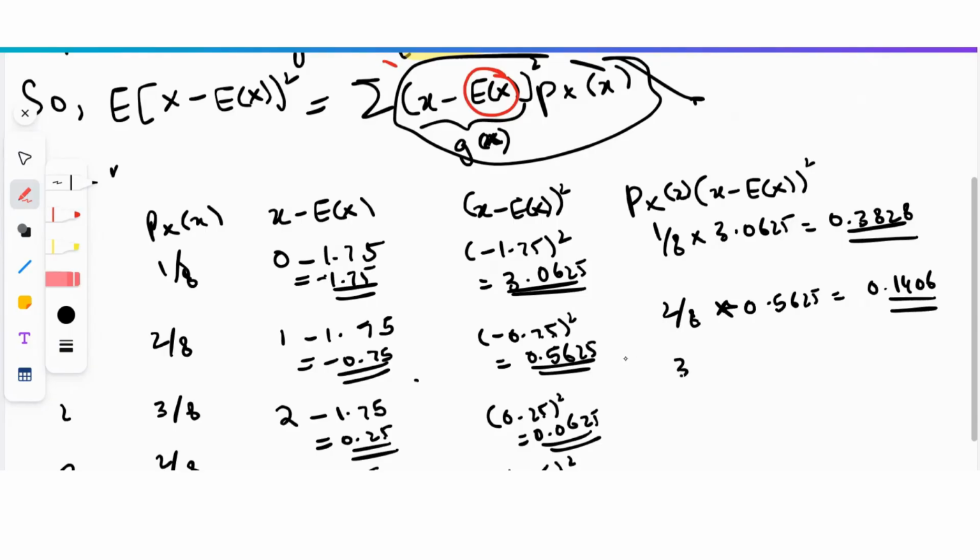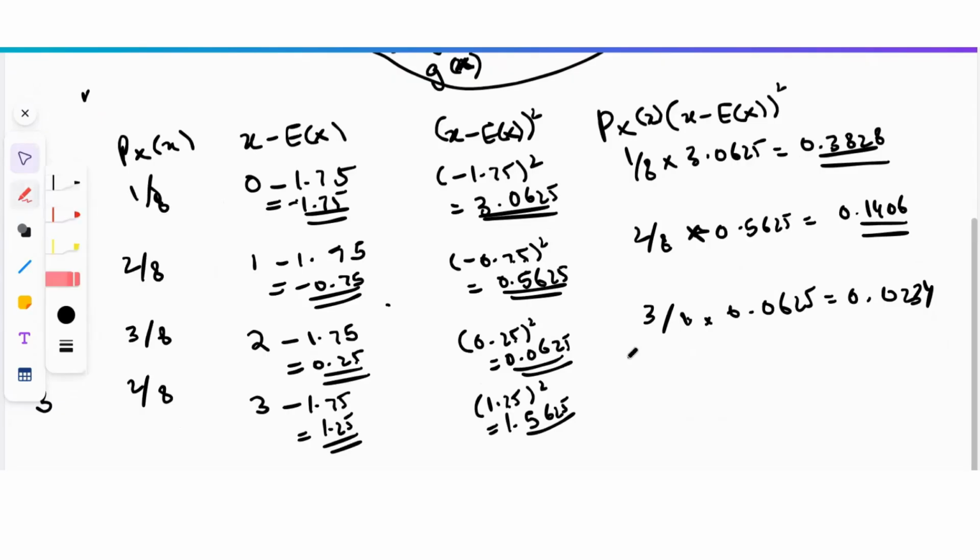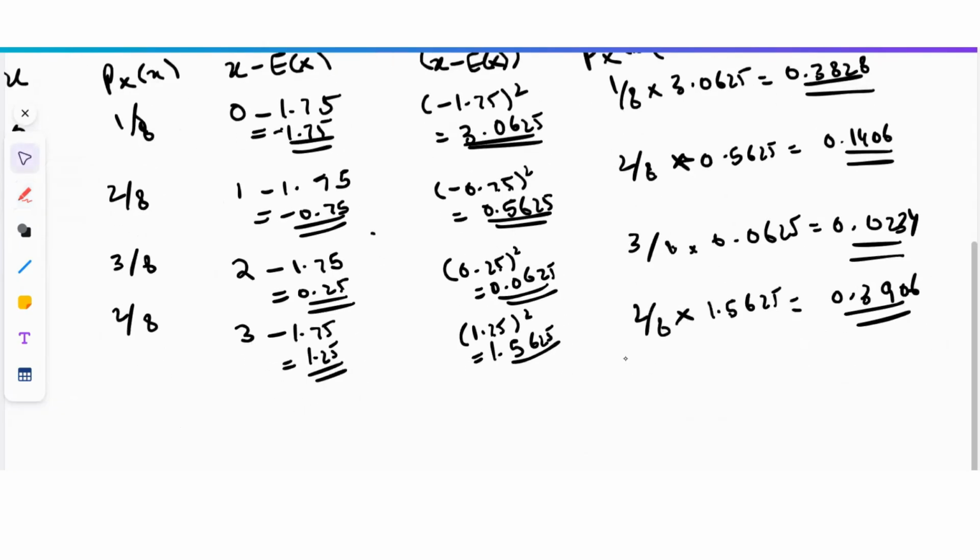And then this is 3/8 into this value, which is 0.0625. It just turns out to be 0.0234. And then for the last value, you do the same. So this is just 2/8 into 1.5625, which is just 0.3906. And then you just sum these up to get variance of x.